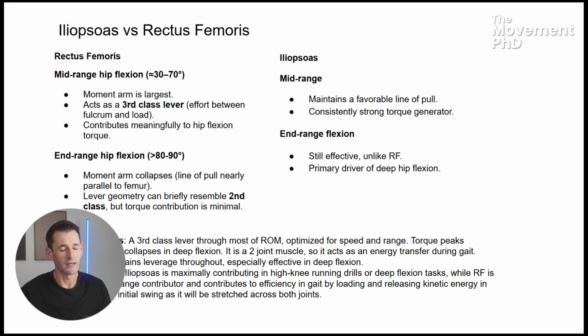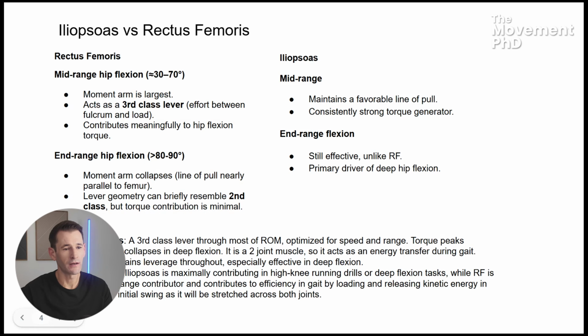As we go into initial swing, then we release that kinetic energy and it makes the gait cycle more efficient. So while rectus femoris is really only the best as far as a moment arm in that 30 to 70 degrees of hip flexion, it's really important in the gait cycle during walking and particularly during sprinting and running types of things, where we're really loading that rec fem with that kinetic energy.